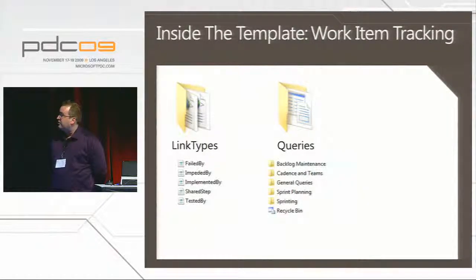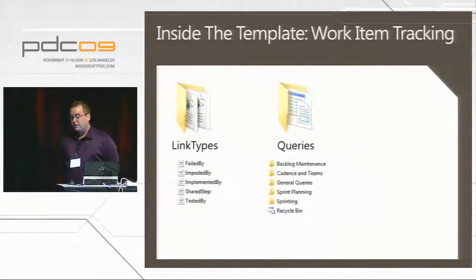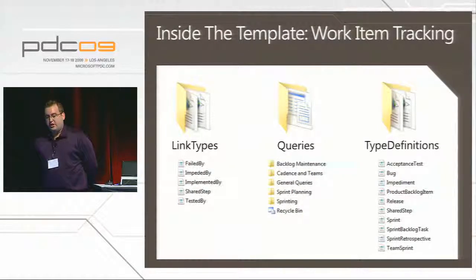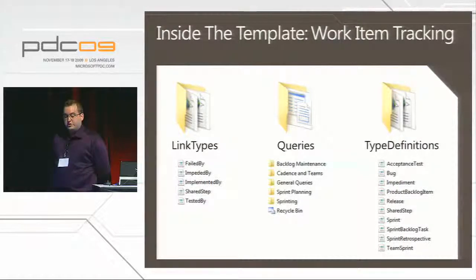They've been organized into folders for convenience in this version. And we also have the type definitions themselves. These type definitions include information on the fields that actually go on the form that you see in Team Explorer, and the actual tabs themselves that show you the link between different work items.